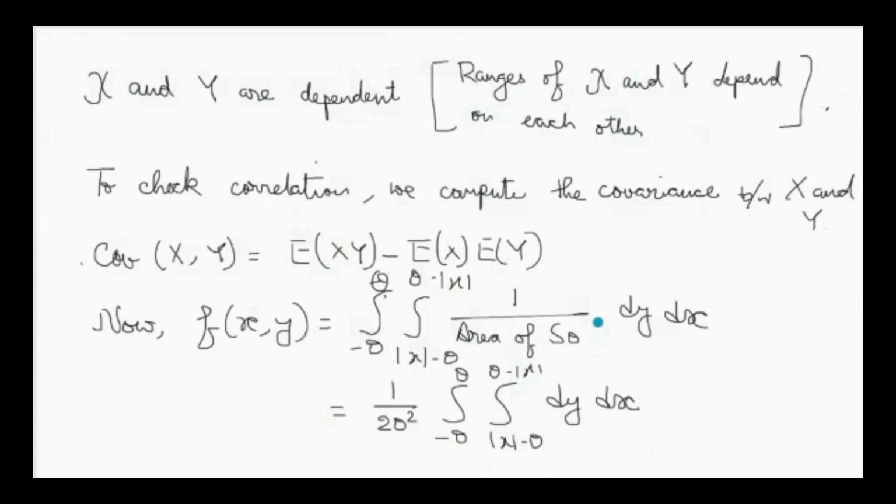And obviously X and Y are dependent variables because their ranges depend on each other: mod x plus mod y cannot exceed theta.